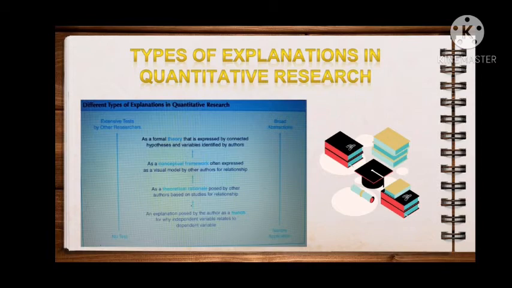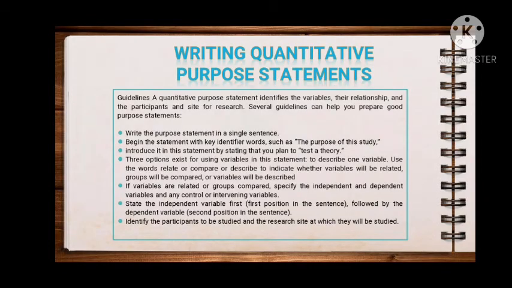And the next, it's about how to write a quantitative purpose statement. These are the guidelines. The first, write the purpose statement in a single sentence. Next, begin the statement with key identifier words, such as "the purpose of this study."